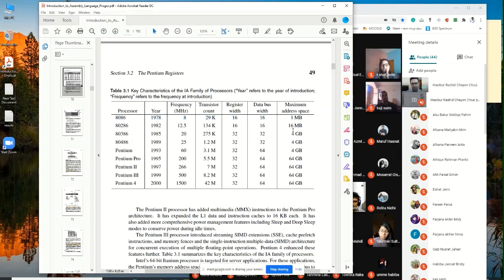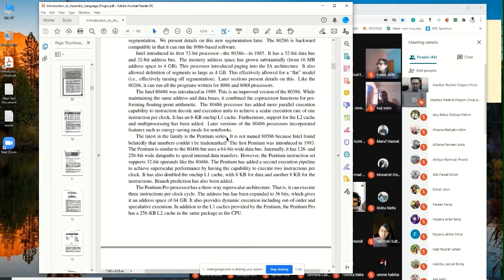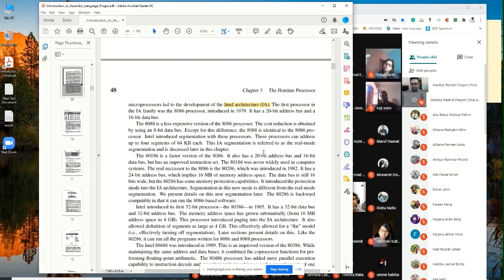First issue is that the 8086 is a 20-bit processor. That means it has a 20-bit address bus, and we assume that if a processor is 20 bits or 32 bits or 64 bits, our address bus will be of a similar type. So that's why we assume that the address bus of this 8086 is 20-bit.